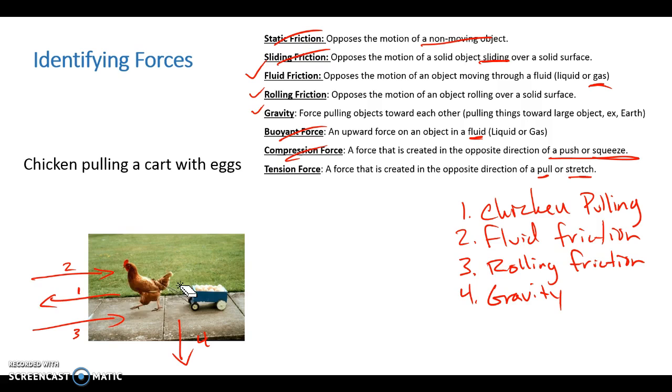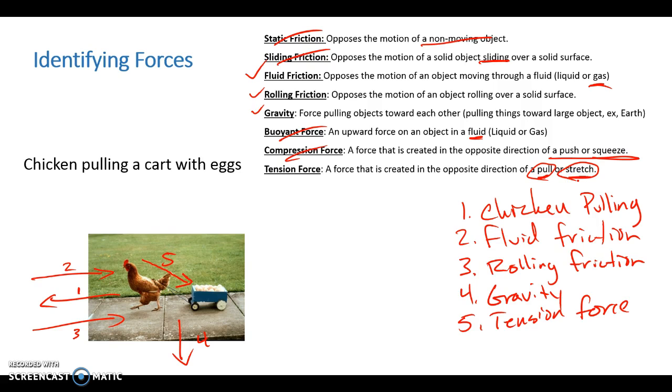So let's say that if the chicken is pulling this direction on the rope, that the rope is pulling back with a tension force, the opposite direction of this number 1 pull or stretch. So number 5 will be tension force. And the tension force is the opposite direction of the stretch or the pull.